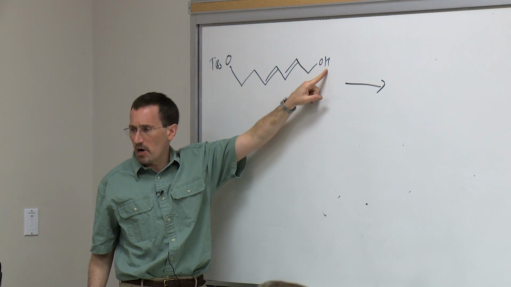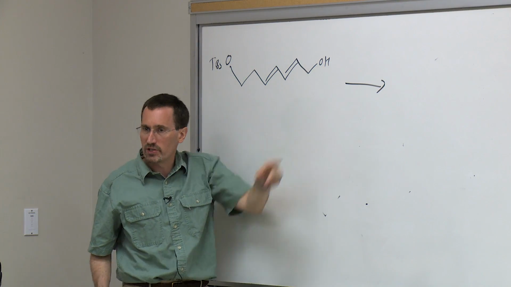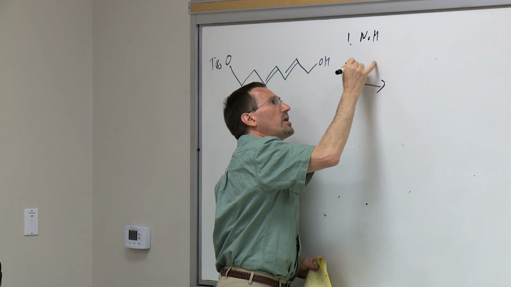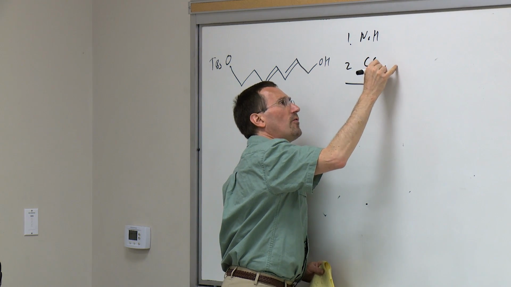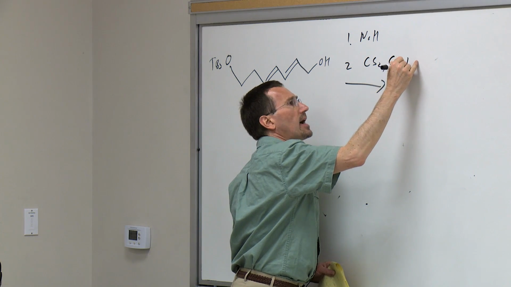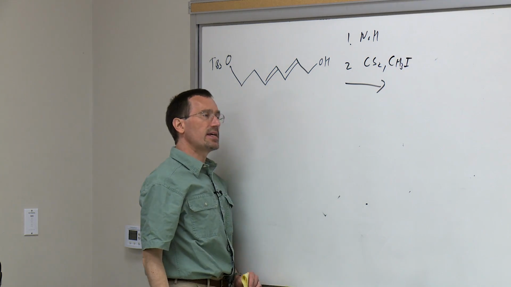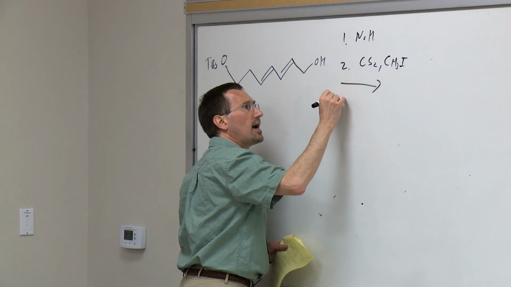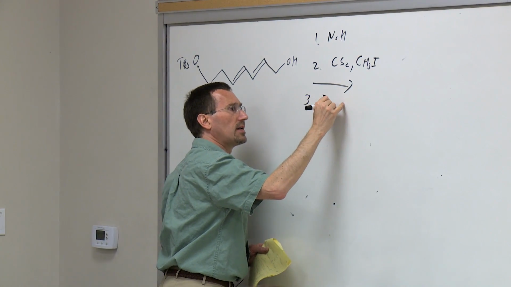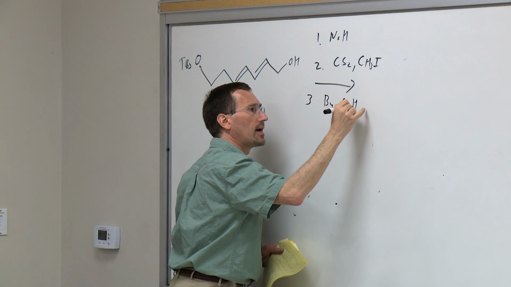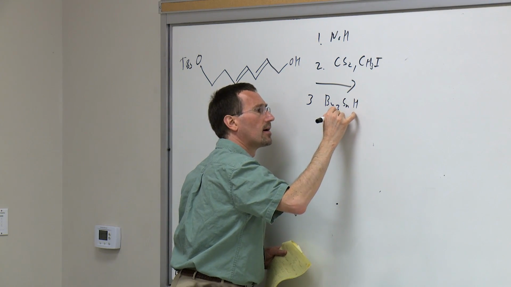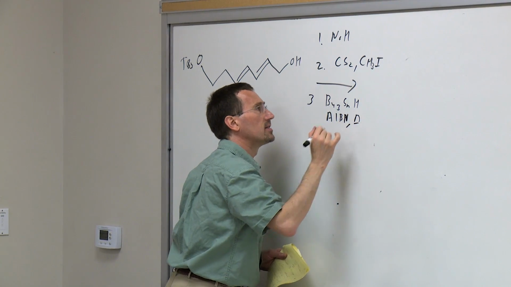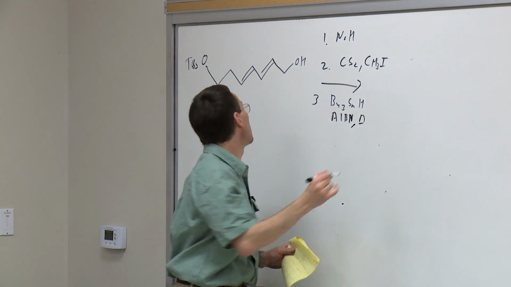We pull off the proton on the alcohol with sodium hydride. We deprotonate with sodium hydride. We treat with carbon disulfide and methyl iodide. That makes a xanthate ester. It's a thiocarbonate ester. And then we treat with tributyltin hydride and AIBN. And we warm this up. Usually you do this reaction in benzene under reflux conditions.